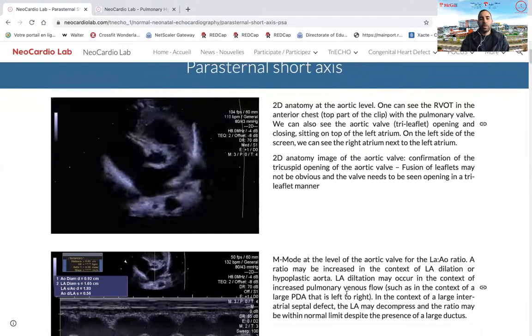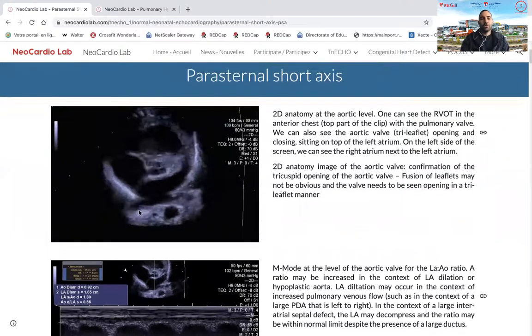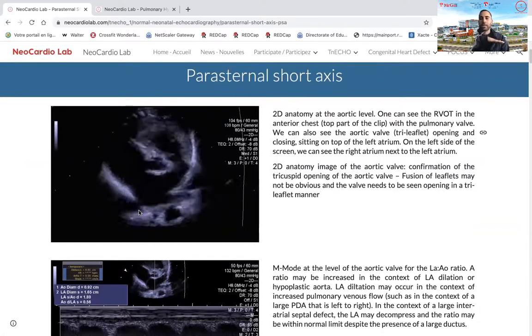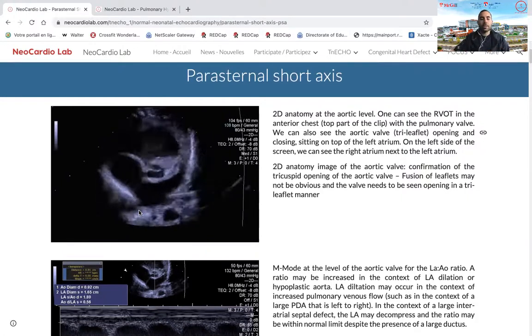So when looking at the parasternal short axis view, you are cutting the heart basically at the base level and eventually going down up to the apex. And you're able to derive a lot of great information.